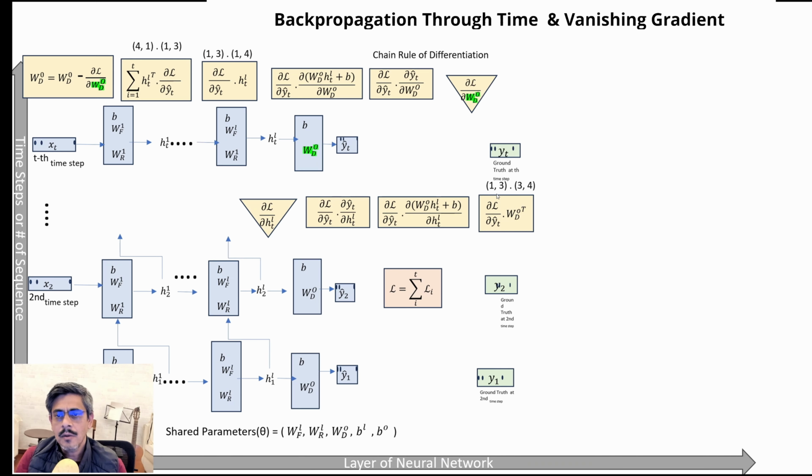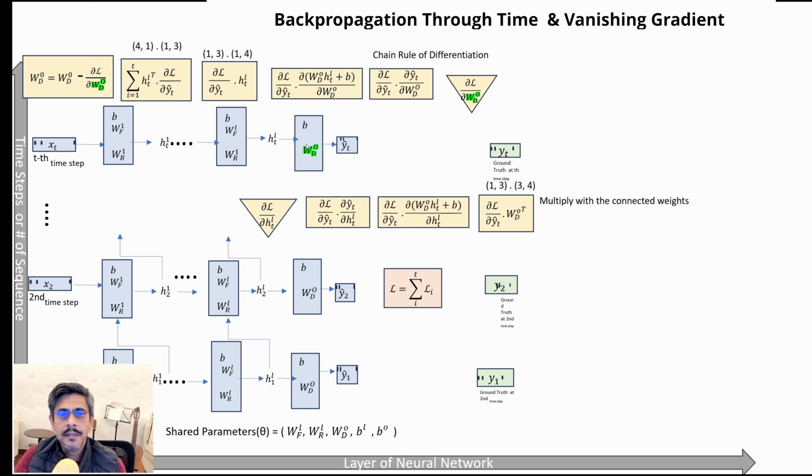Now see what is important for all of us to note. Here is the pattern which we are noticing, which can be repetitively applied to calculate the loss with respect to a hidden state. To calculate the loss with respect to a hidden state, we calculate the loss with respect to the predicted value of that time step, which is this part, and then multiply it with the connecting weight.